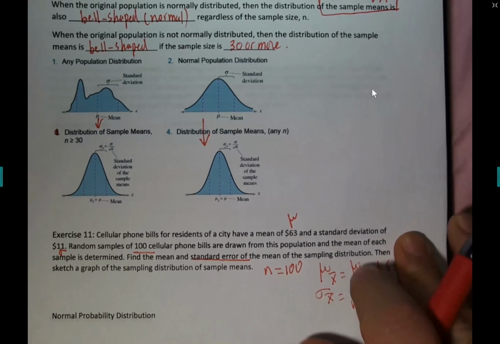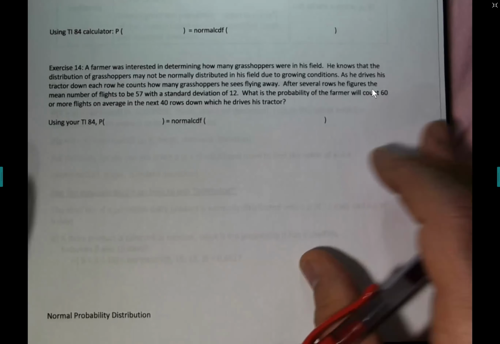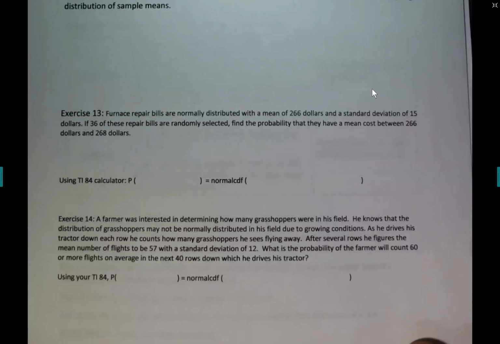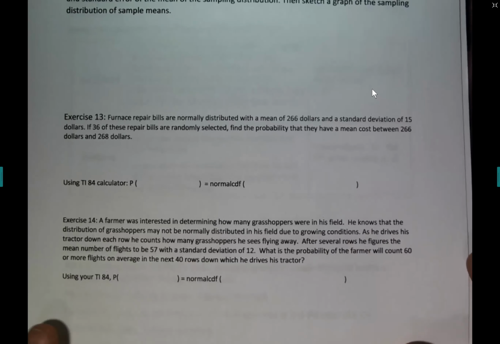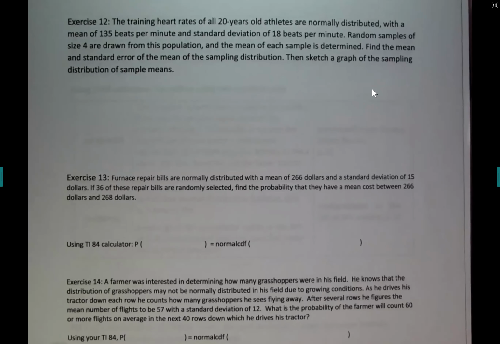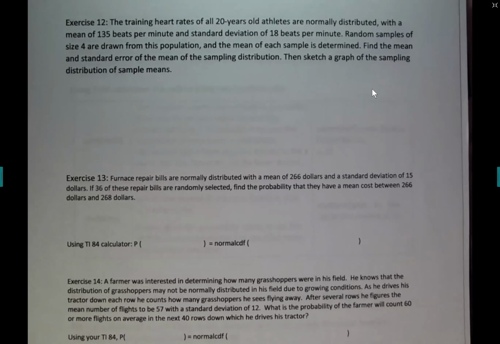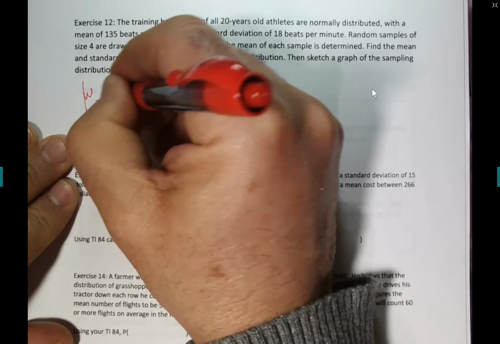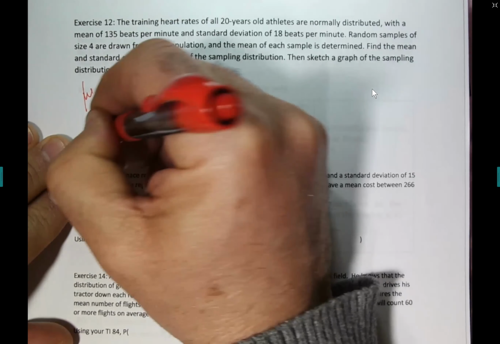All right. Exercise 12. And we're gonna go back to exercise 9, which mimics your assignment, guys, in a second. The training heart rates for all 20 year old athletes are normally distributed with a mean of 135 beats per minute and a standard deviation of 18. So mean, guys, is 135 and standard deviation is 18.